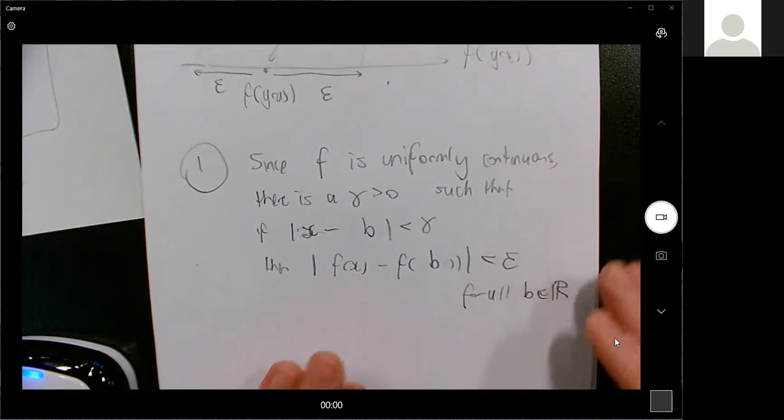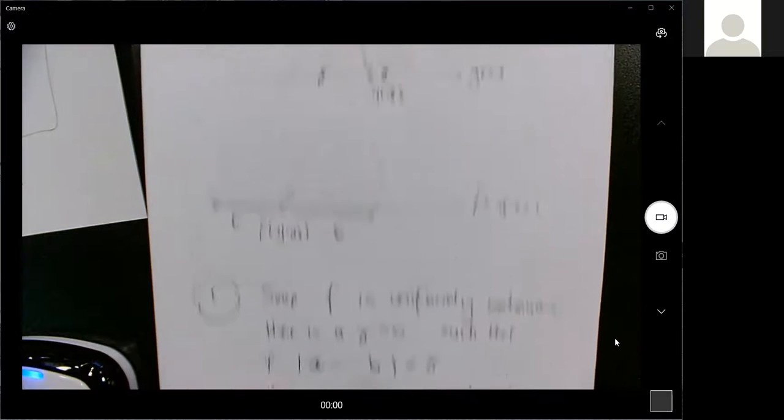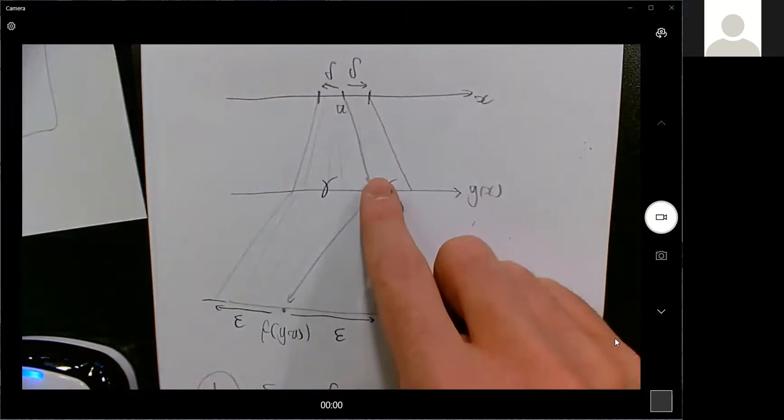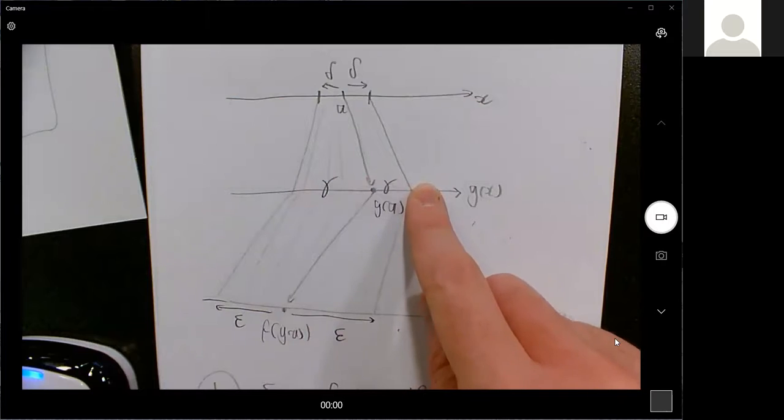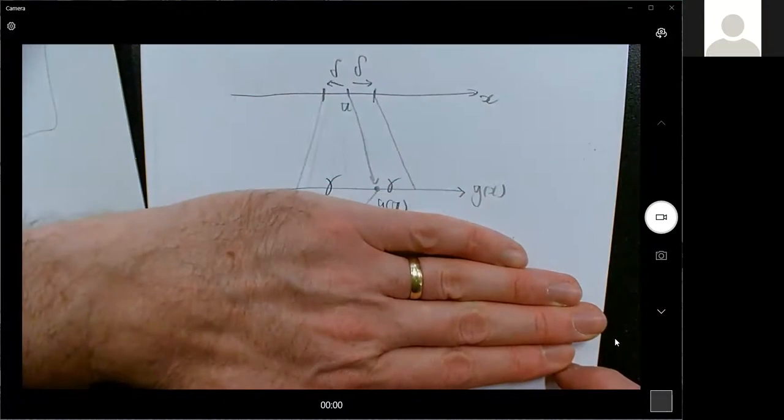Right. And now, since G is uniformly continuous, gamma can now play the role of epsilon on this half of the picture.